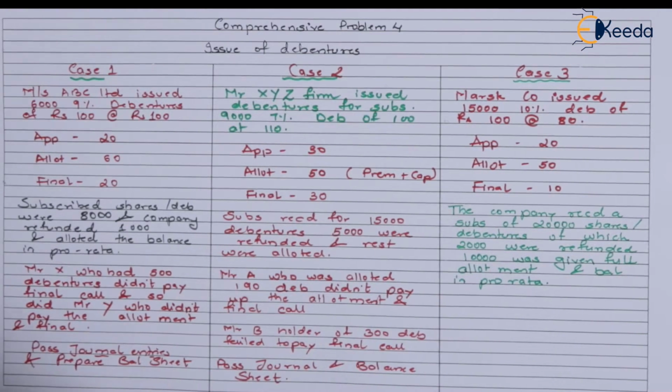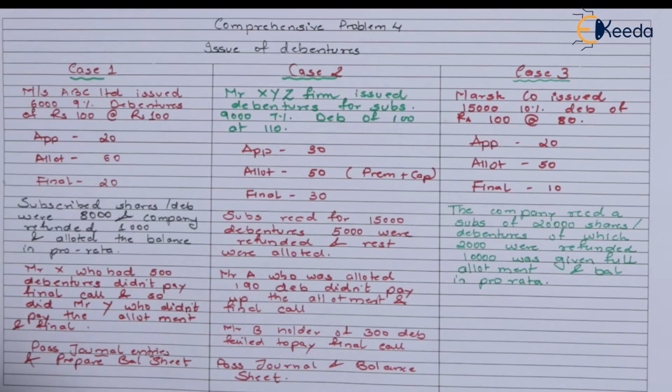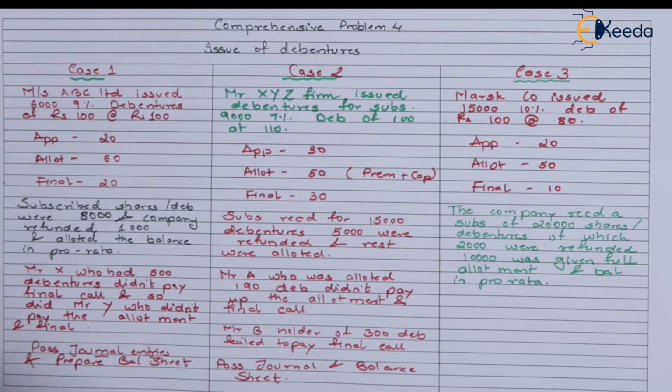Next category comes where 10,000 debentures were given full allotment, and whatever balance was left after refund and full allotment was given pro rata adjustment. Now, this has been given as per subscription. There will be certain calls in arrears here as well. So let's figure out that part.